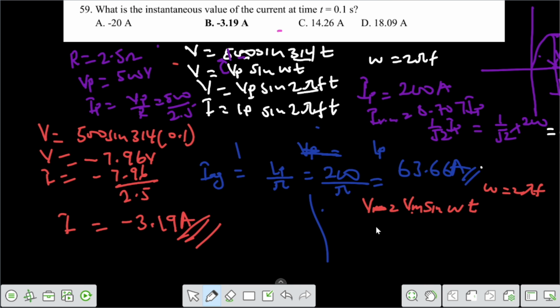So sometimes they can tell you to find the frequency. So we can just say that 2 pi ft is equal to 314t, then t will cancel t out. So you need the frequency, so you divide here by 2 pi, here by 2 pi, and you get your frequency.